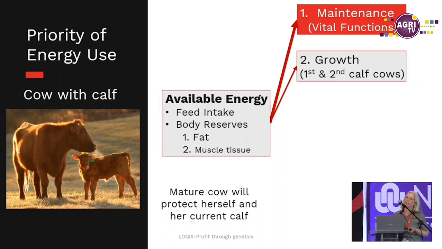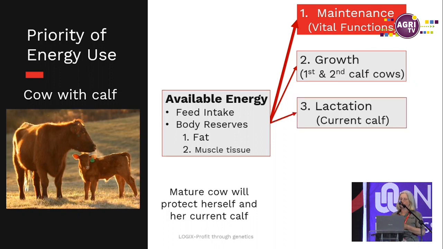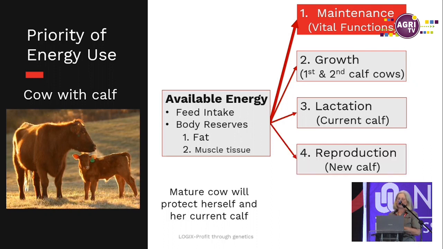And this is especially bad for heifers calving the first time or the second time sometimes, because she's growing and that drains energy from the system. The third priority is lactation. That's looking after her current calf. So you can see after that only comes reproduction. So her ability to become pregnant again and have an ICP of 365 days.